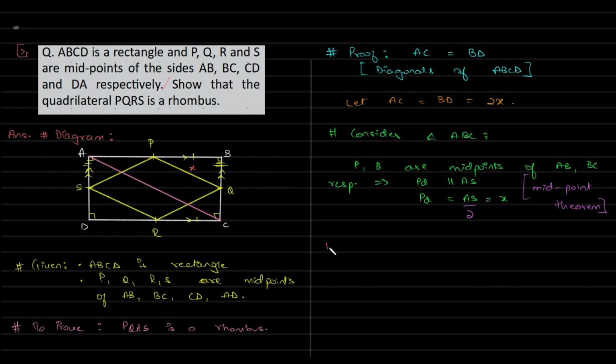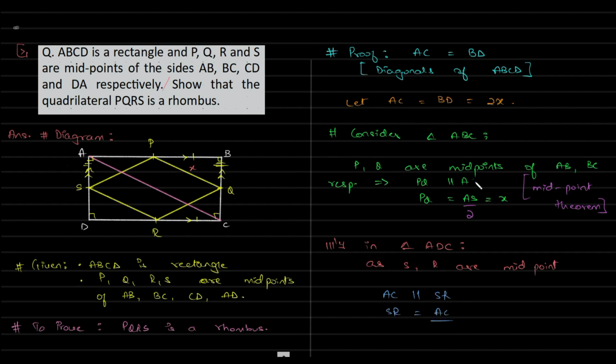Then we can tell similarly in triangle ADC, as S and R are midpoints, we have AC parallel to SR and SR being equal to half of AC.